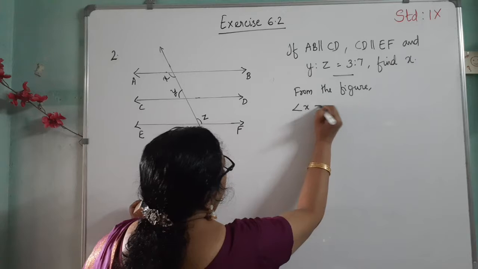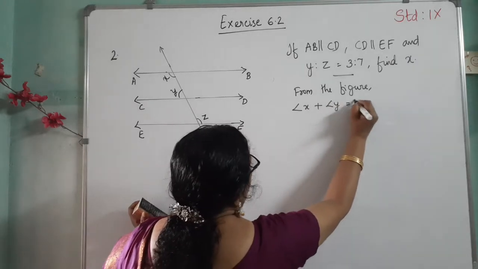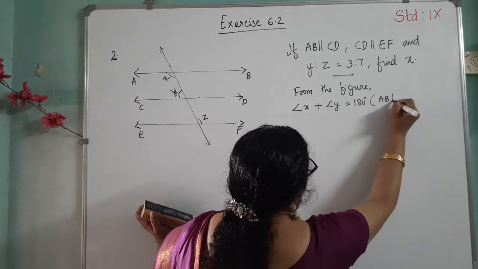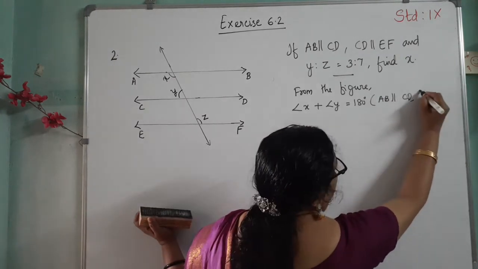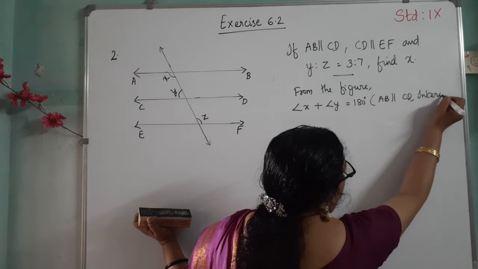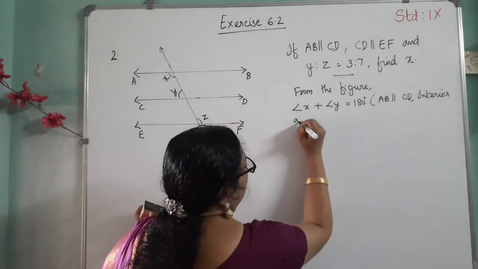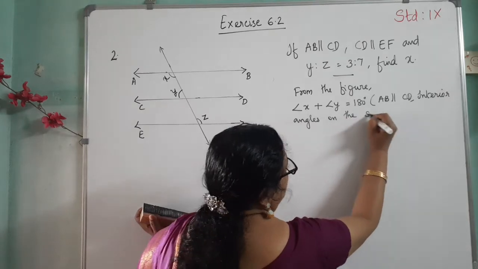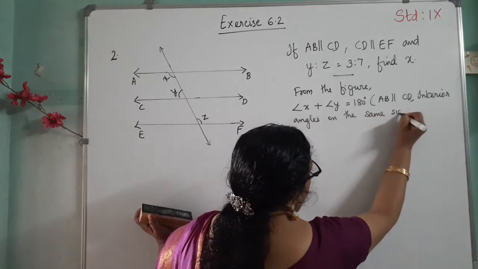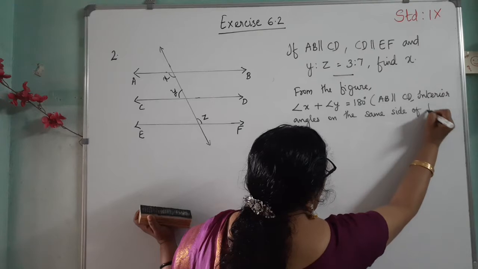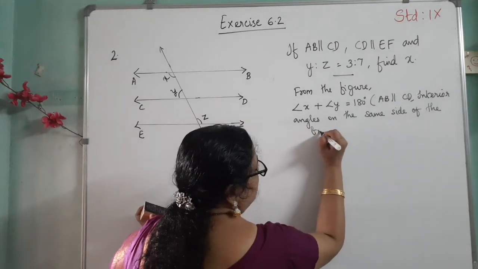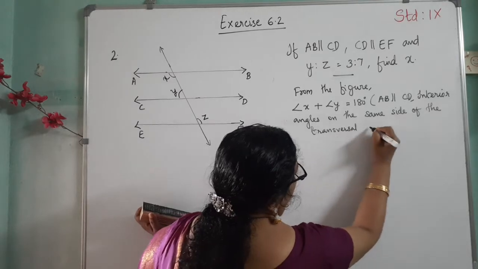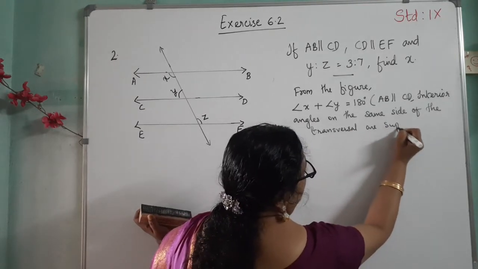Then we can write from the figure, angle x plus angle y equal to 180 degree, because AB parallel to CD. Then interior angles on the same side of the transversal are supplementary.